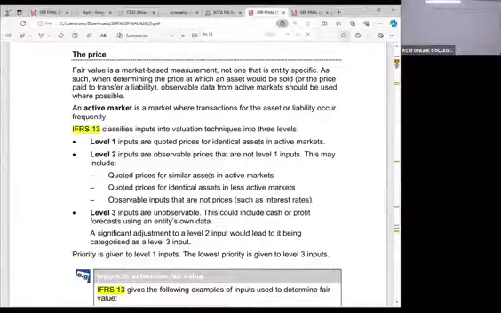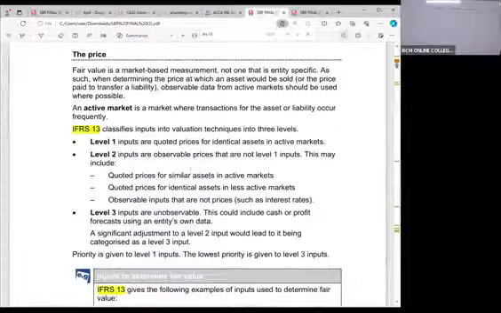Perhaps the difference is this person has a 3-bedroom, mine is 3-bedroom, but this one has some kitchen, store, pantry area, etc. So when it's similar, it will be very easy for me to say, your house went for 13 million. Mine is close to your house, but it lacks this, so I can make adjustments. So level 2, ladies and gentlemen, is when we have assets that are very, very similar.